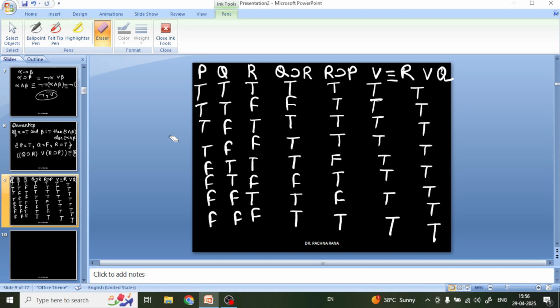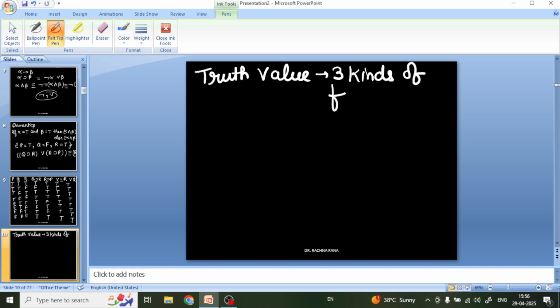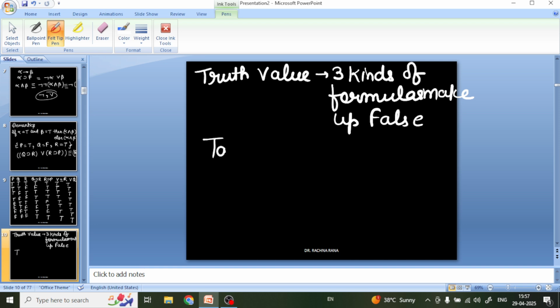Now the next points you should keep in mind: truth values. Three kinds of formulas make up false, and tautologies.